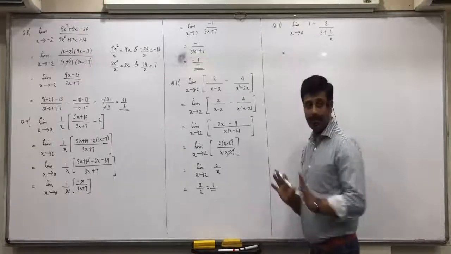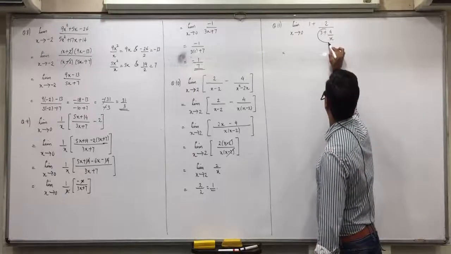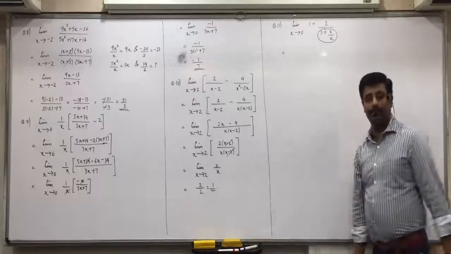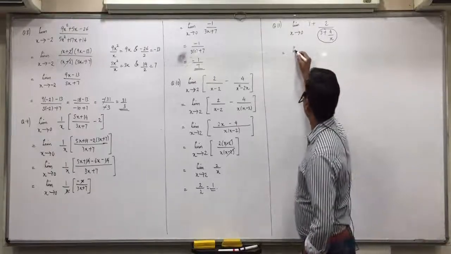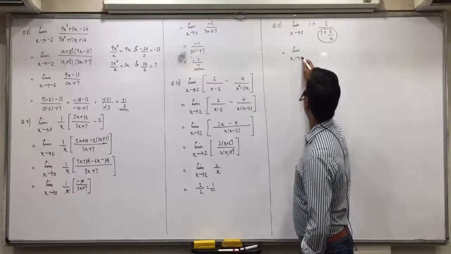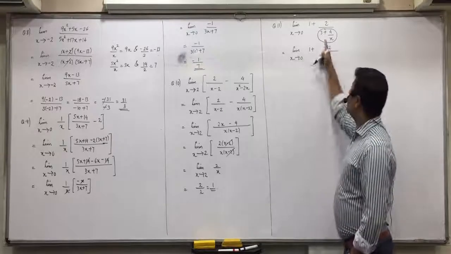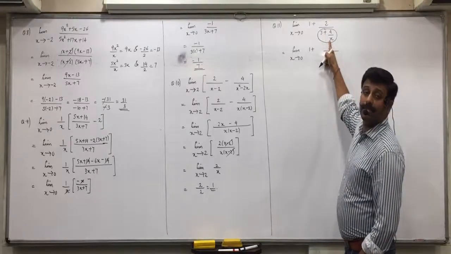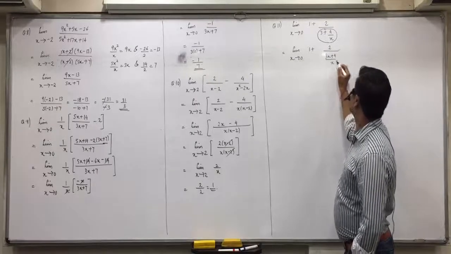First of all, listen carefully. In this portion, we do LCM. First we simplify this denominator. So, write down limit x tends to 0, 1 plus 2 divided by, now 3 into x, so 3x plus 4 upon x.